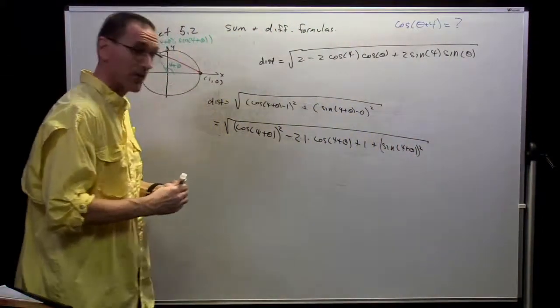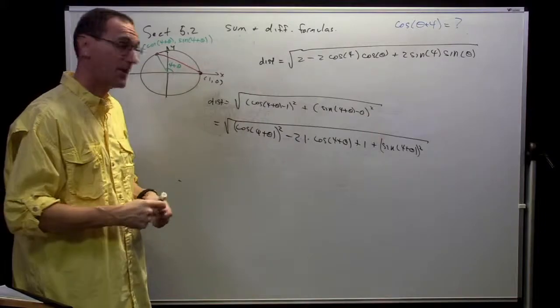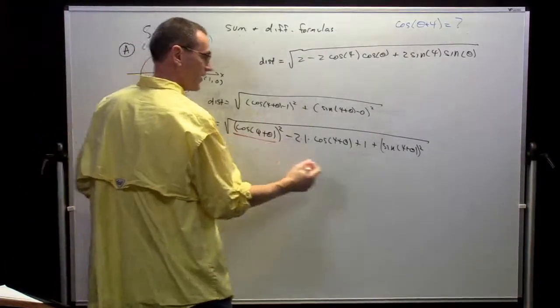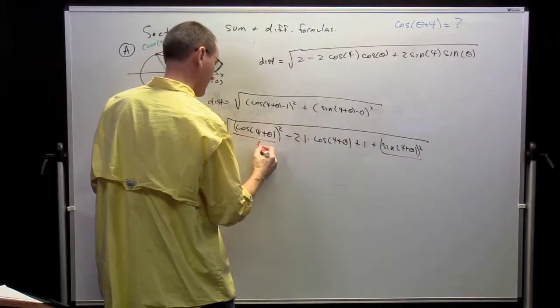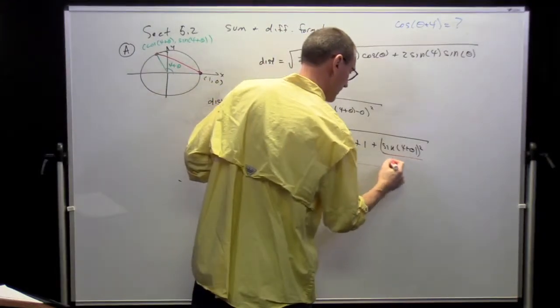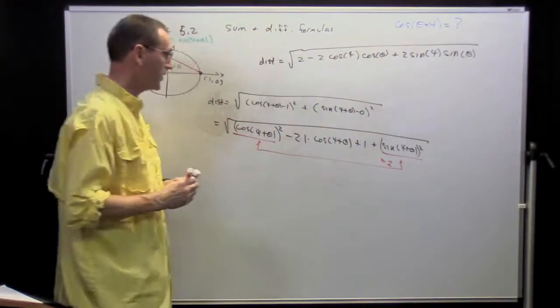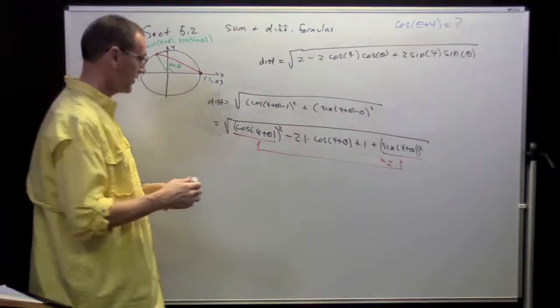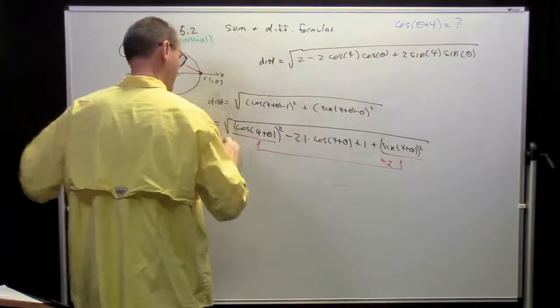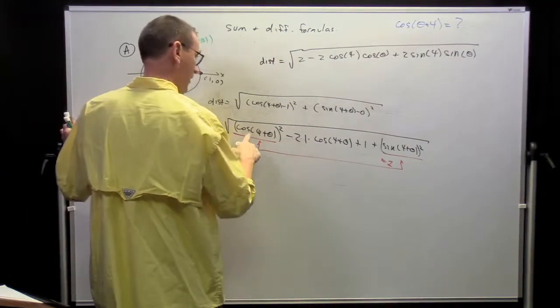All right. Notice the Pythagorean theorem is going to save me again. This thing plus this thing is just 1. Cosine squared plus sine squared is 1, and these are the same angles. So this becomes 1 plus 1.